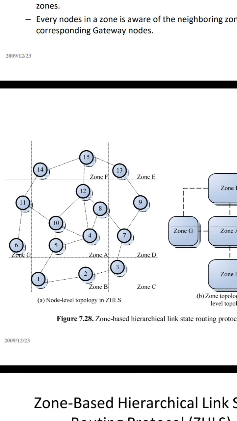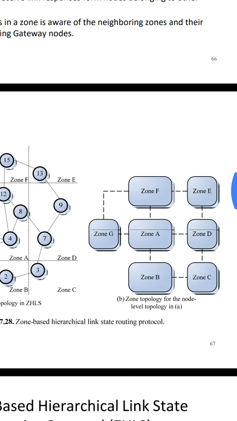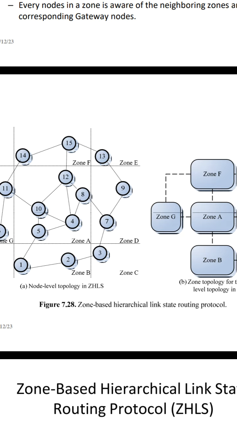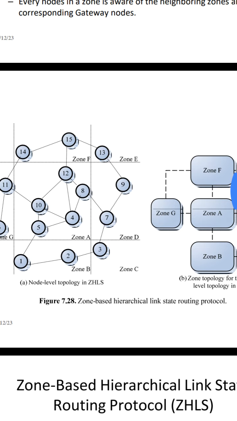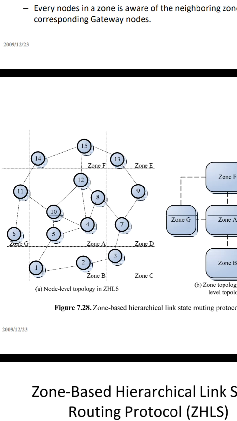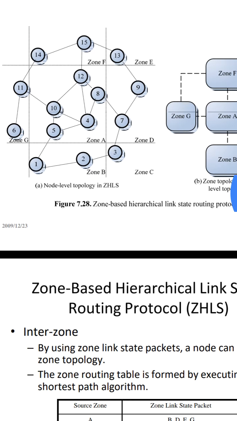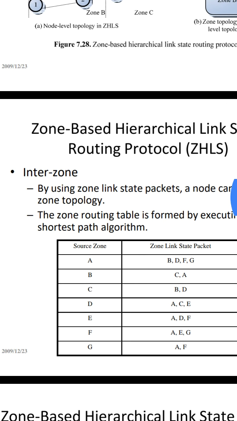This is zone F, zone E, G, A, D, B, C. So in this hierarchical level by level manner, we can transfer the data using the zone link state packets.